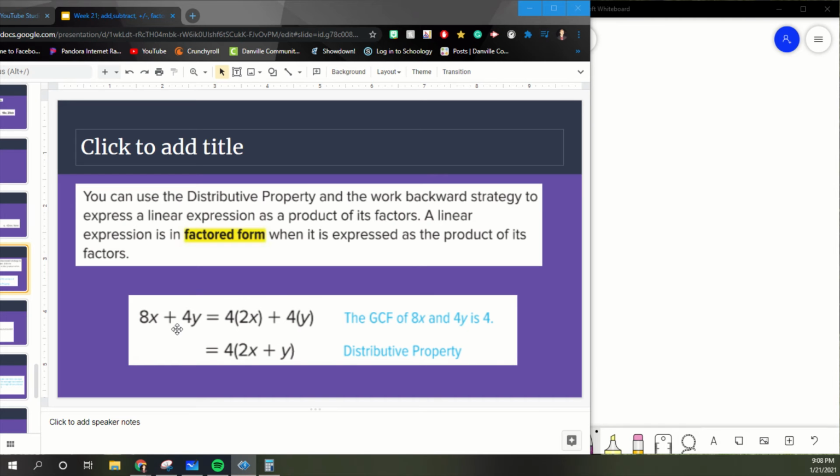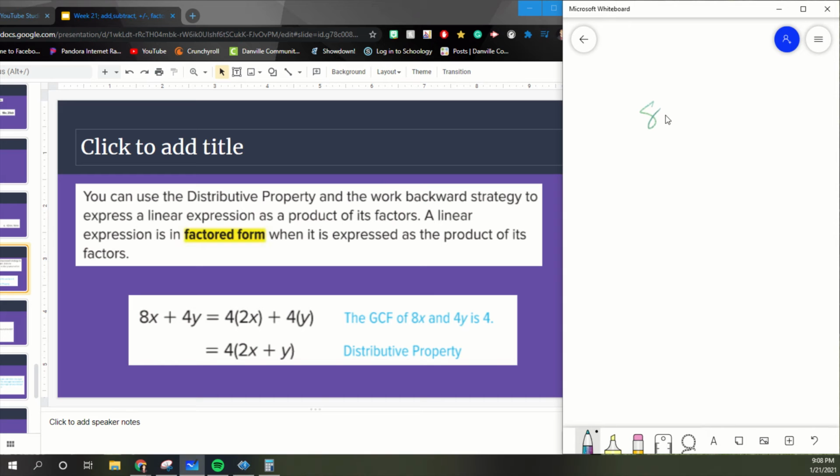So when I have 8x and 4y, look at 8x and look at 4y, and find out what they both have in common. Well, I see that a 4 goes into both of them. You could break them down into their factors, and you'd have 8, which breaks down to 4 and 2, and 4, which breaks down to 2 and 2. And you'd see that they have 2 times 2, or 4, alike. Well, that means you can pull out a 4 from both of them.